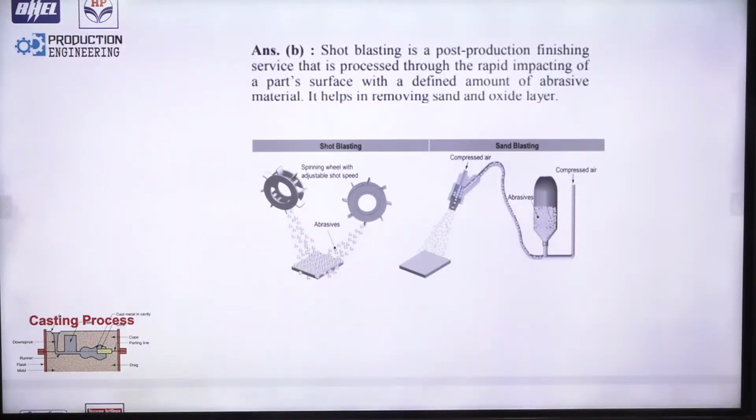This is shot blasting. It is a post-production finishing service, and this helps you to remove the sand and oxide layer. Surface quality is improved, and some compressive stresses are also induced. In sand blasting you use sand, and in shot blasting you use some kind of ceramic material.